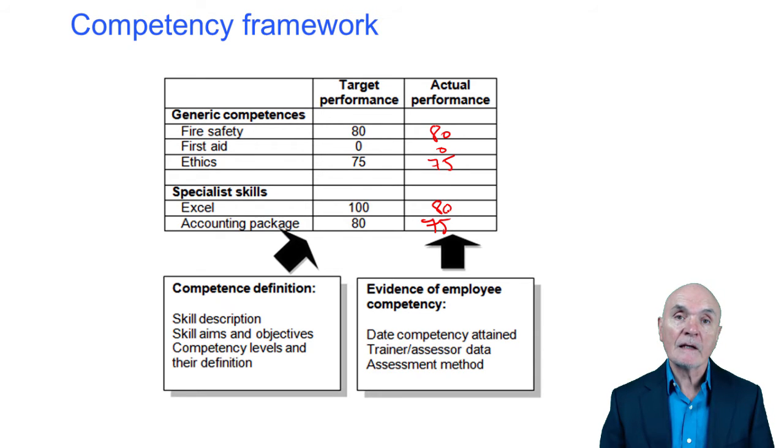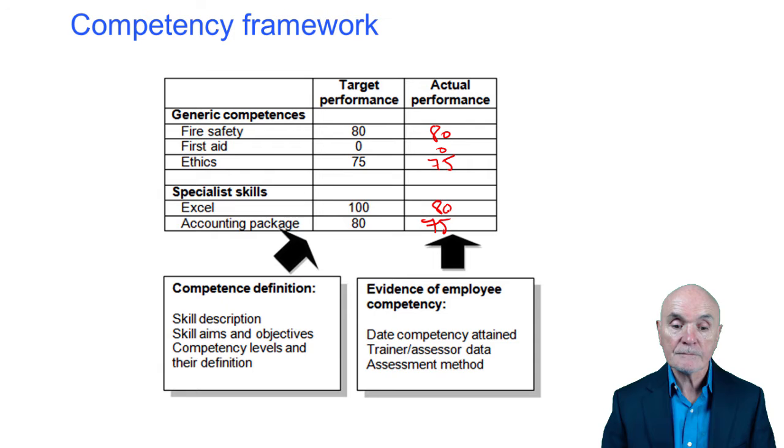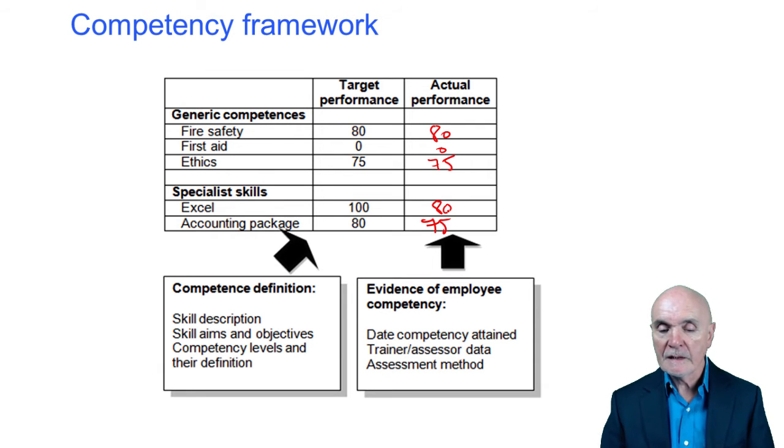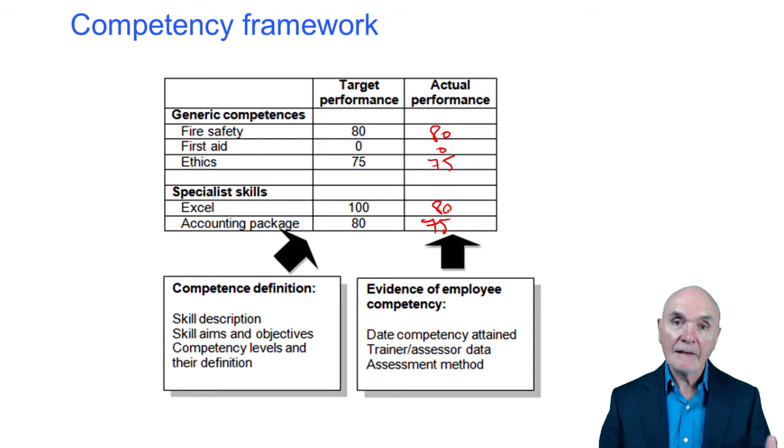And later on when they come maybe in 3 months to review that again, we hope that you've moved towards the target performance. So it's not complicated. It is just specifying the competences, where are you now, where do you need to be, and providing some sort of mechanism for closing those gaps.